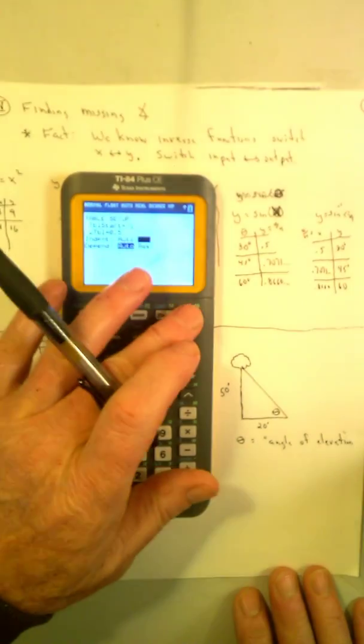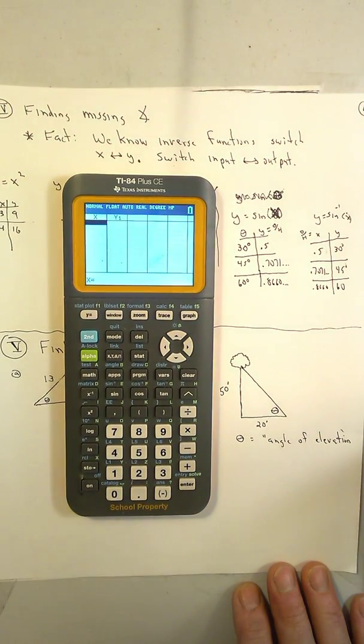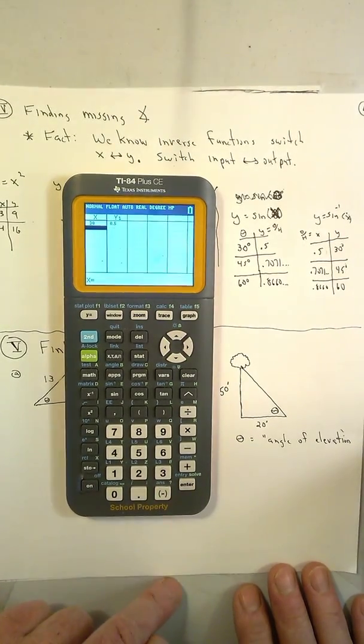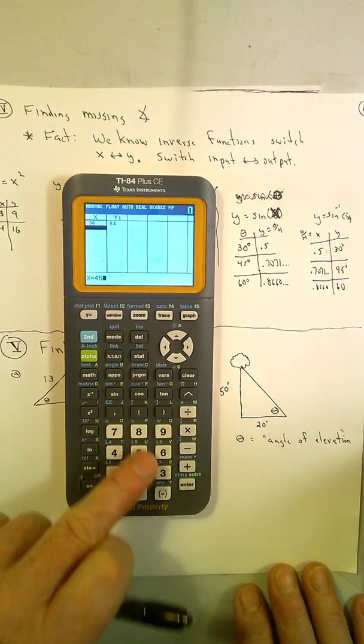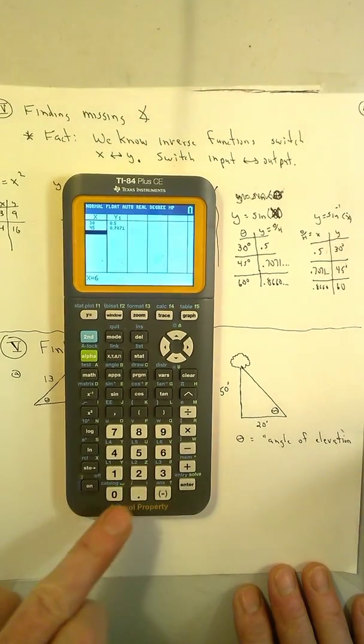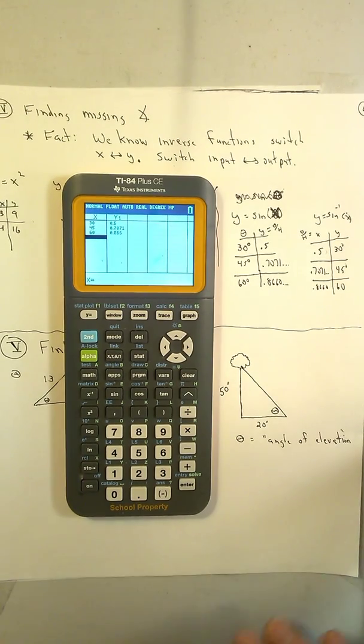So now when I go to my table, there's nothing there. So if I do 30, enter, out comes 0.5. 45 degrees, 0.7071. 60 degrees, 0.8660. Okay, so there is the function.